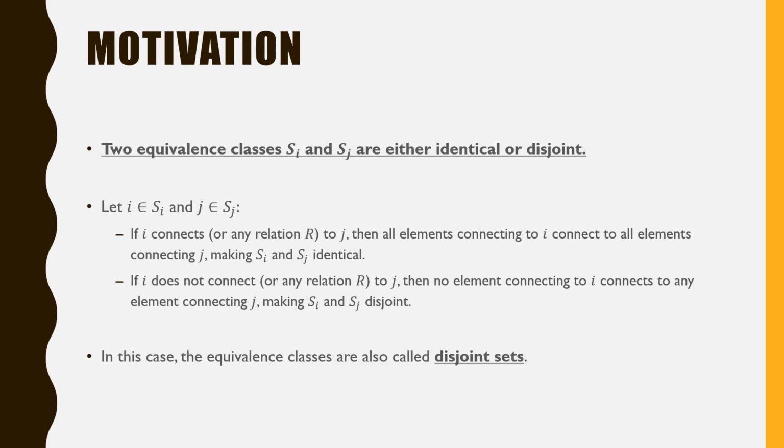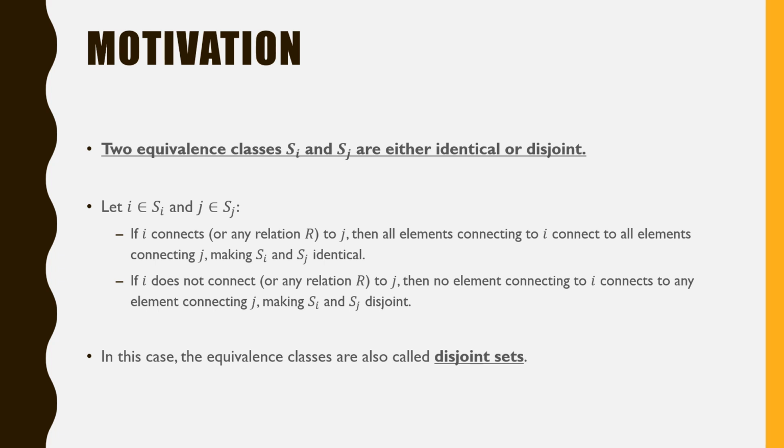Given the definition of equivalent classes, we can derive an important corollary. Two equivalent classes, Si and Sj, are either identical or disjoint. Let i and j be two elements in Si and Sj, respectively. If i connects to j, or shares any equivalence relation R with j, then all elements that are connected to i are also connected to all elements that are connected to j.